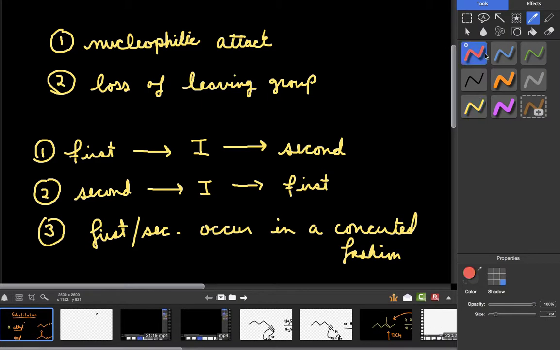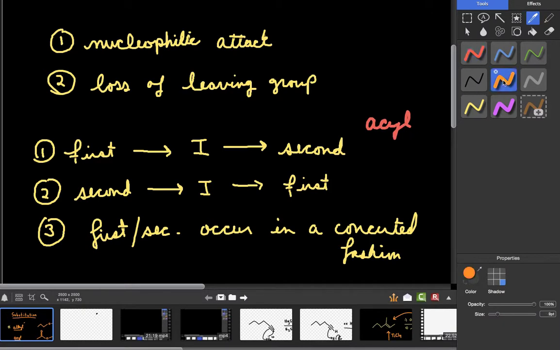The first possibility is reserved for acyl substitution. So right now we absolutely are going to cross this off the list, but we will come back to it when we start talking about carboxylic acid derivatives like acid chlorides, acid anhydrides, esters, amides.